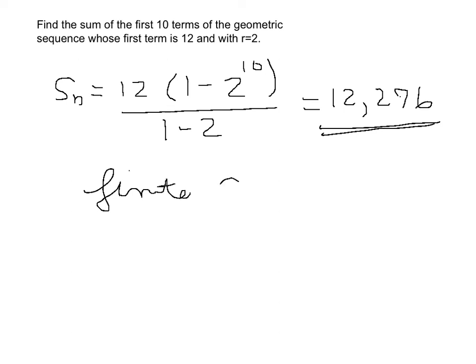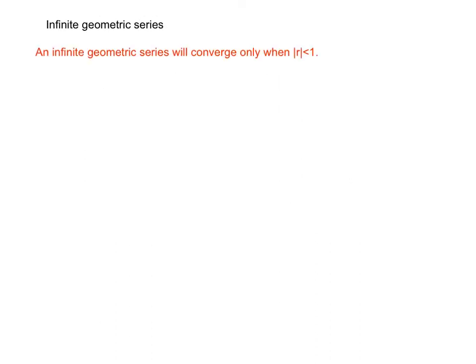A finite geometric series. Now, what about an infinite geometric series? Let's check that puppy out. Okay. So, when we're looking at an infinite geometric series, the big deal there is that it will converge.